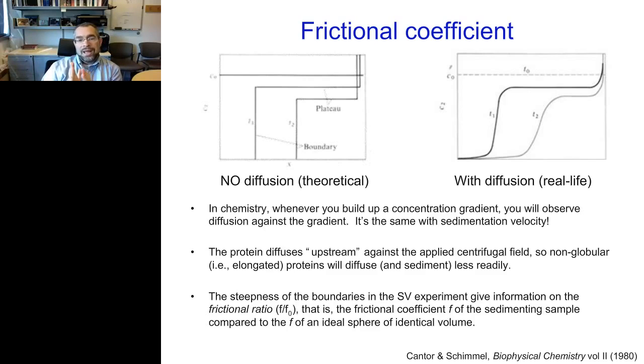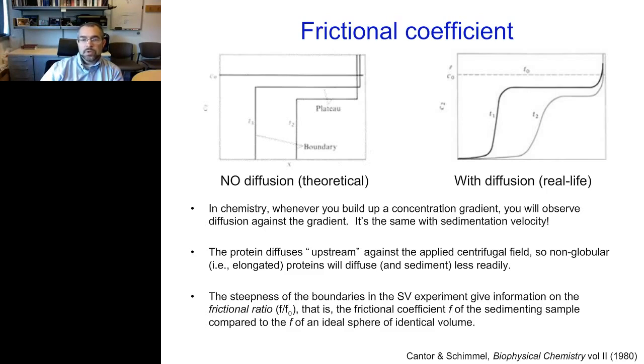And so because of that additional drag, that additional friction, it turns out that the sedimentation boundary, or the profile we observe, is going to look a lot more like this sort of thought experiment than it will this sigmoidal curve here. In other words, the slope of the boundary is related to the overall shape of our sedimenting species.